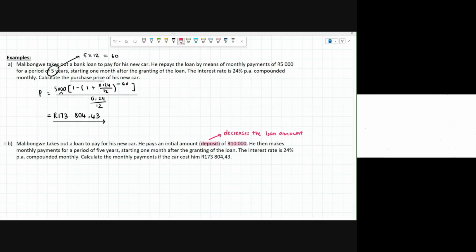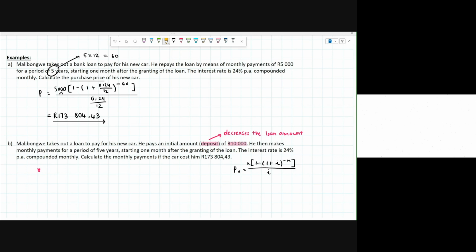Right, so we have all of the same information. Everything is fine. The difference now is this deposit. And so this is where we now need to do an initial calculation. If we think about our present value formula, we have x times (1 minus (1 plus i) to the power negative n) all over i.